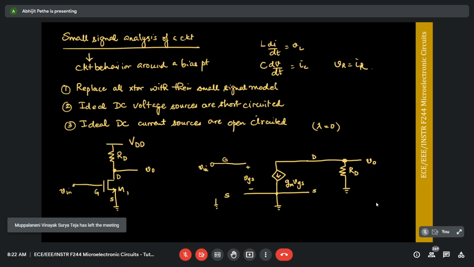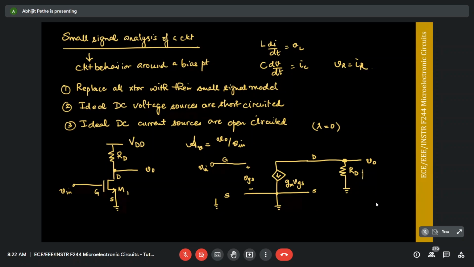Remember, small signal analysis is done to calculate small signal parameters, things like input resistance, things like gain. In this case, we want to calculate the voltage gain, which is nothing but V0 by Vin. So how do I calculate V0?